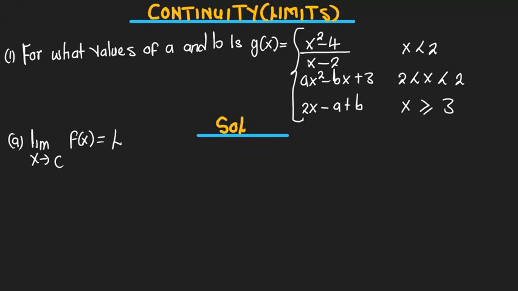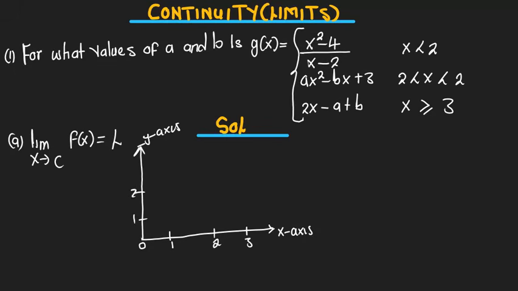Look at this. If I was to draw a diagram of this particular type, this becomes my x-axis, this becomes my y-axis, and this becomes my 0. If this was my 1, my 2, my 3, then this becomes my 1, my 2, my 3.